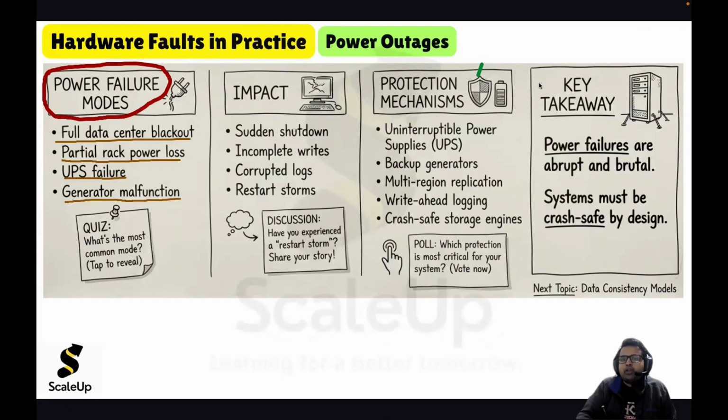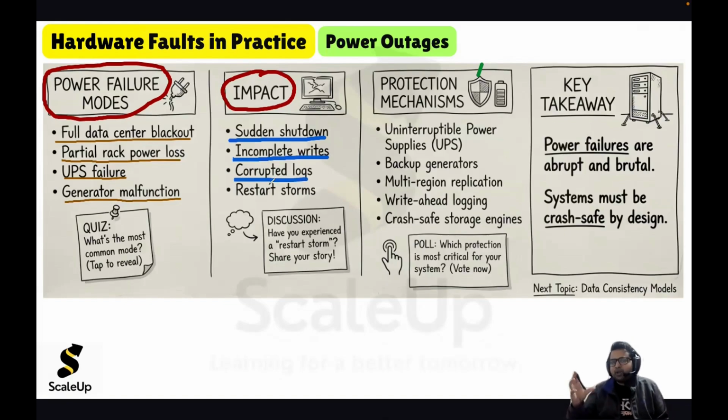If we talk about the impact of a power outage, we will see sudden shutdown, incomplete writes, corrupted logs, because an abrupt shutdown will lead to corrupt logs, incomplete writes, and restart storms. And how can we protect the system from power outages?